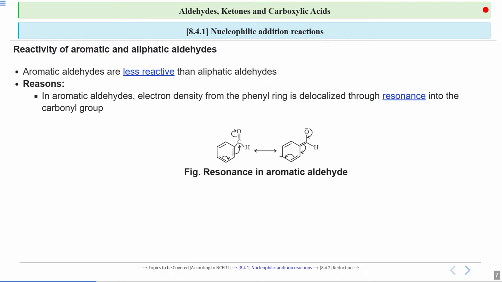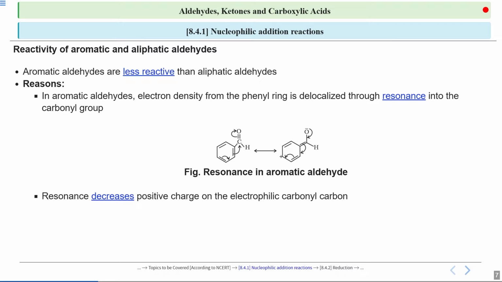Okay, so at one time the oxygen is pulling the electron density, at the other time the benzene ring is pushing the electron density to the carbonyl group. So the positive charge on the carbon gets reduced. Okay, if you see the resonating structures, then you will see that this benzene ring is pushing the electron density towards the carbonyl group.